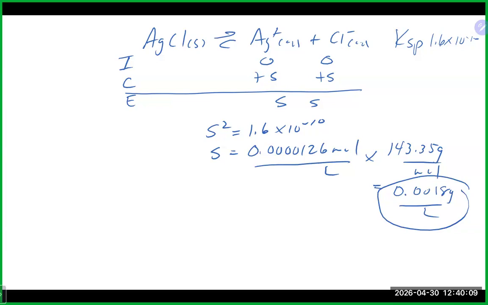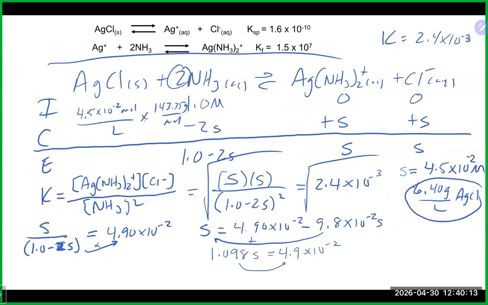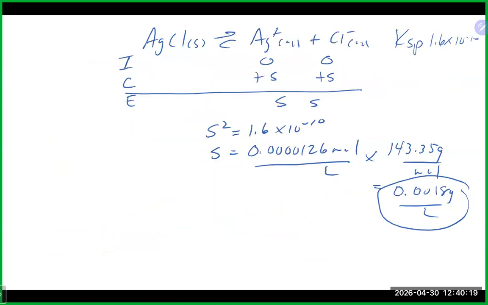That is the solubility of silver chloride in water. Which one is more? That is 6 grams you could get to dissolve in 1,000 milliliters of water. You get 0.002 grams in regular water to dissolve, right? Way more soluble in the ammonia.